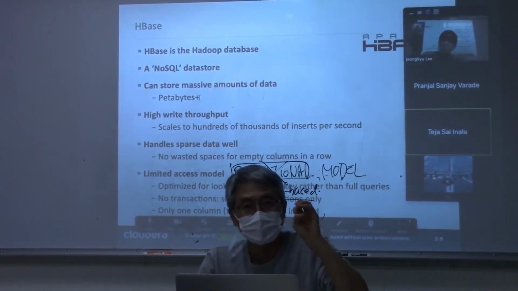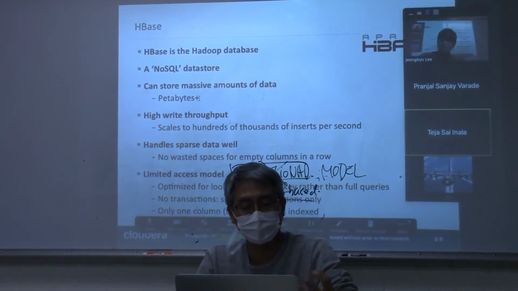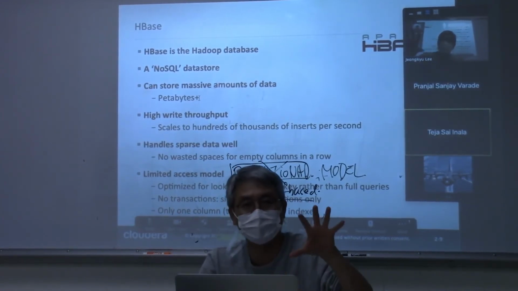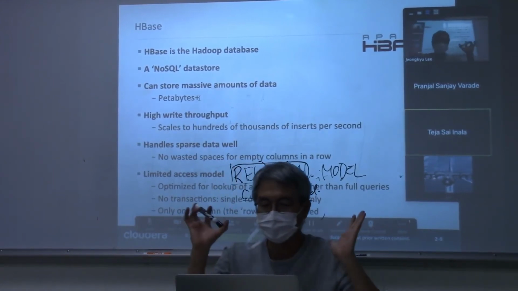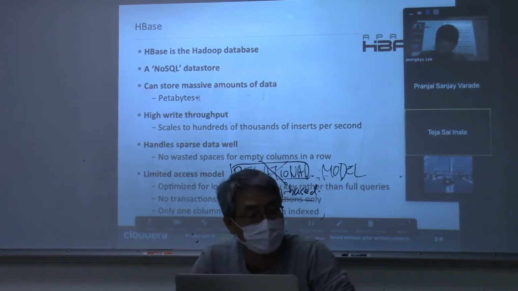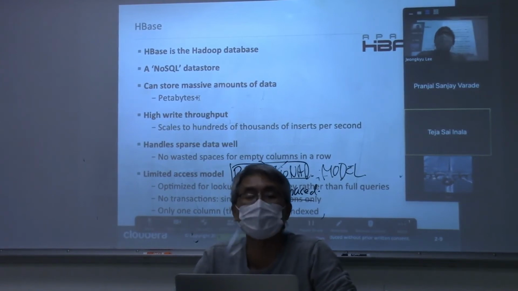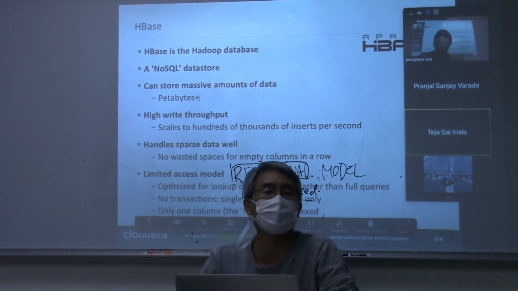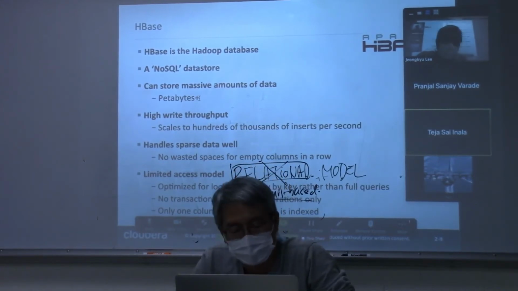In the relational model, first you need to start logical modeling and physical modeling, then define that a customer is name, ID, address. That's it. Even if there's a new customer with a different feature, you cannot add it. But HBase is more flexible. You can add more columns if needed, and delete a column if not needed.